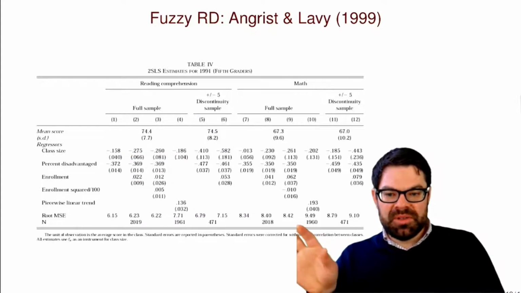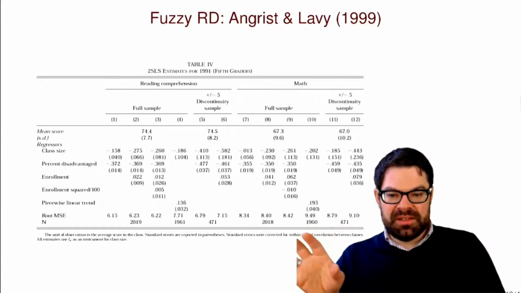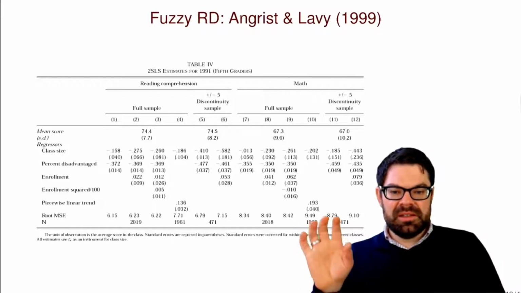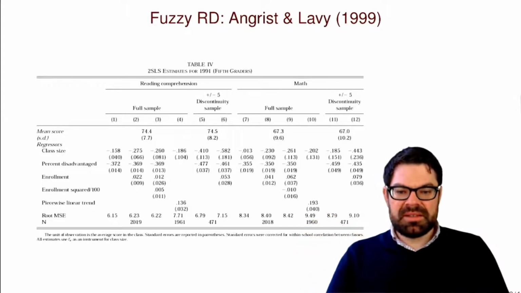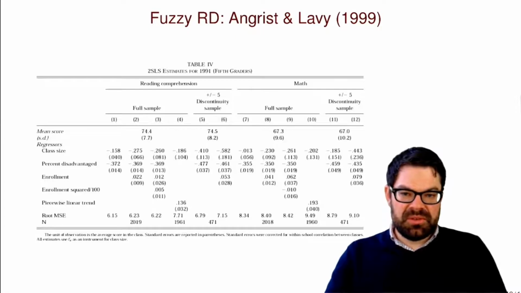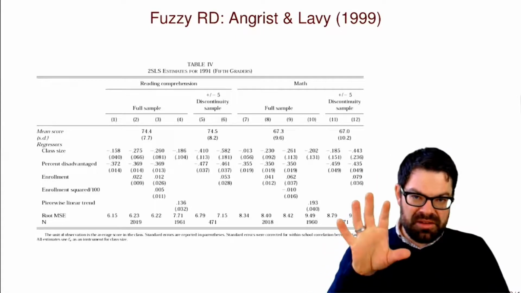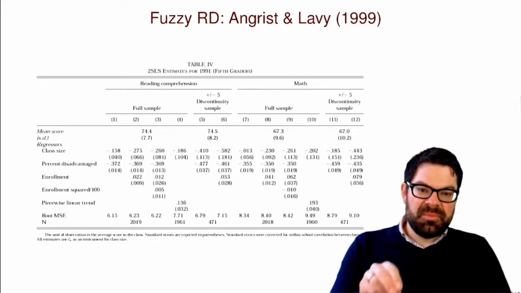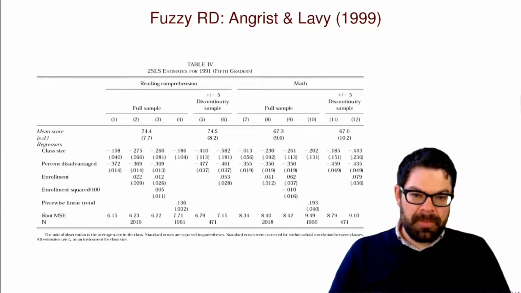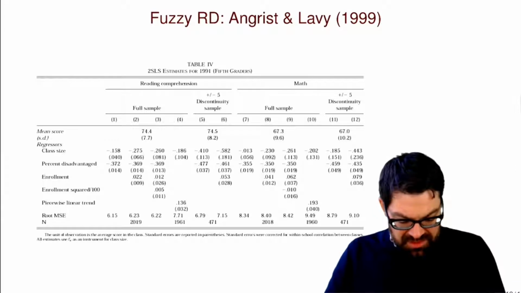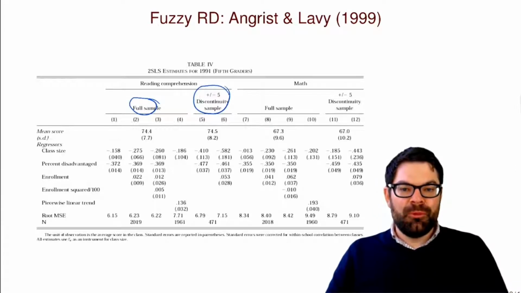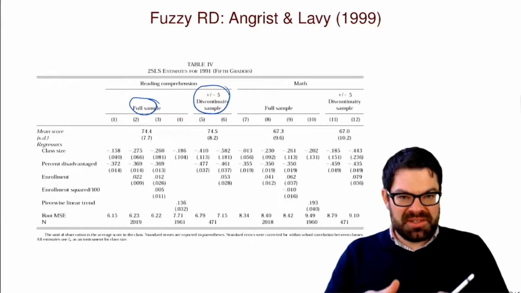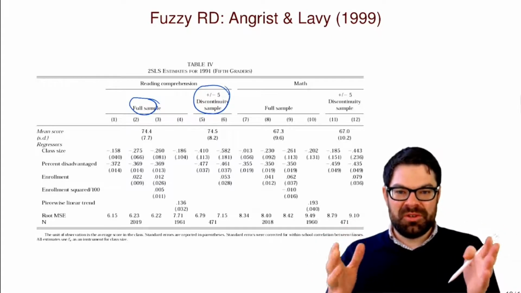And now what they do is they use the instrumental variable estimator, which is basically the two-stage least squares estimate, whereby the class size is instrumented by Maimonides rule. Here they use the full sample, and here they use a bandwidth of plus minus 5 in terms of class size.